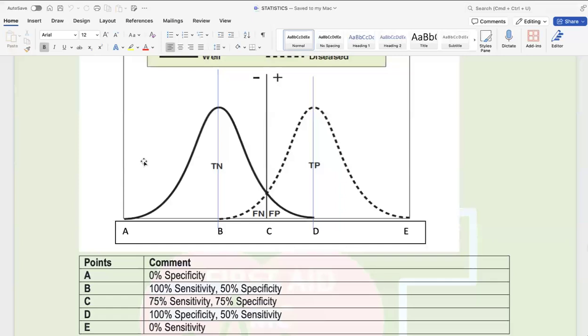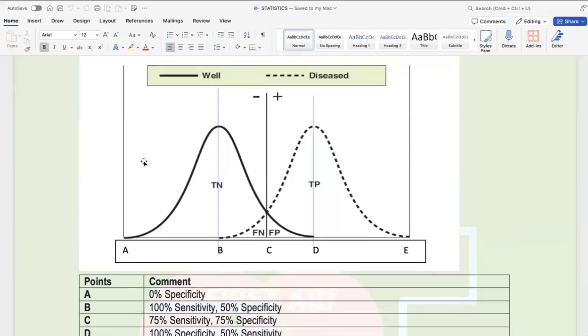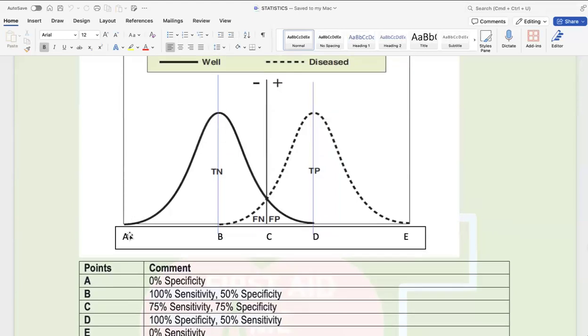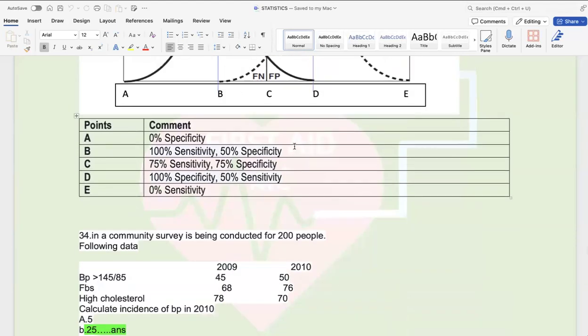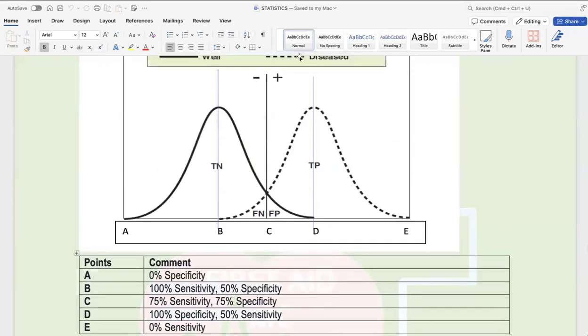Now, this is another question which comes in the exam. I have seen this. They give you a screening test diagram, and they also point A, B, C, D, E like this. And they ask you which point has 100% sensitivity and which point has 100% specificity.